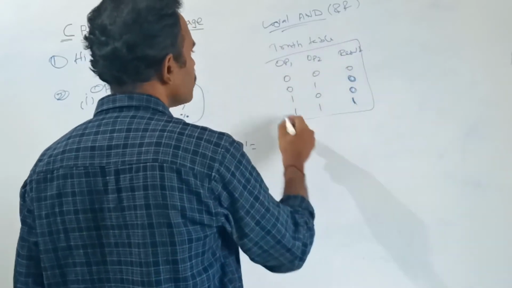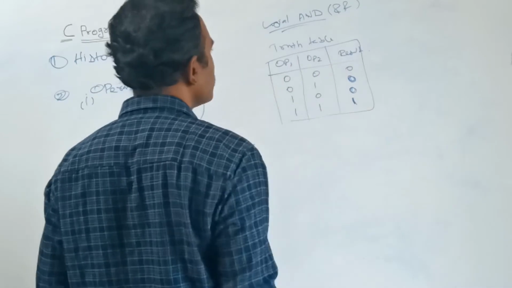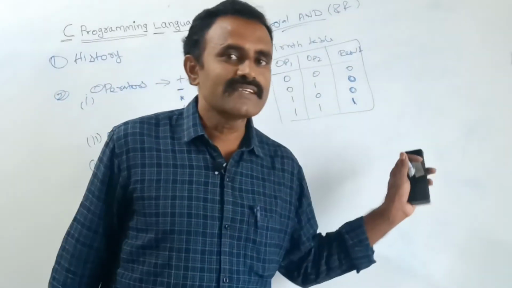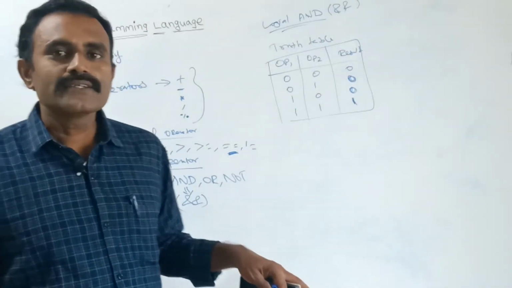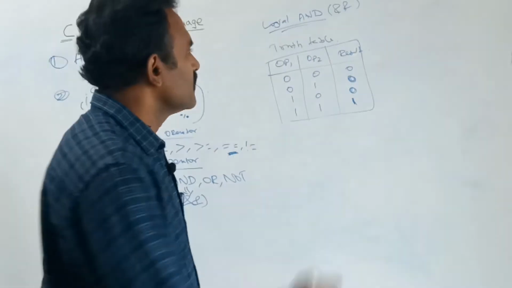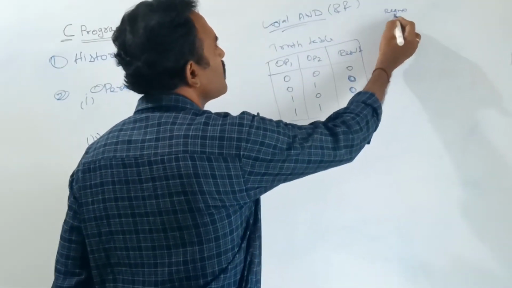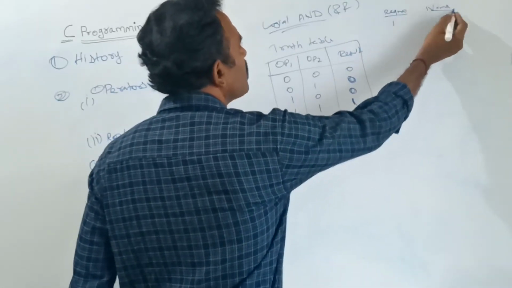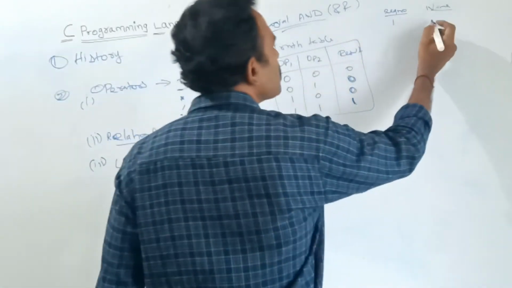This can be implemented in programming. We will see a simple example for this. In a class there are up to 5 students. Their register number and name: register number 1, the name is Raja.